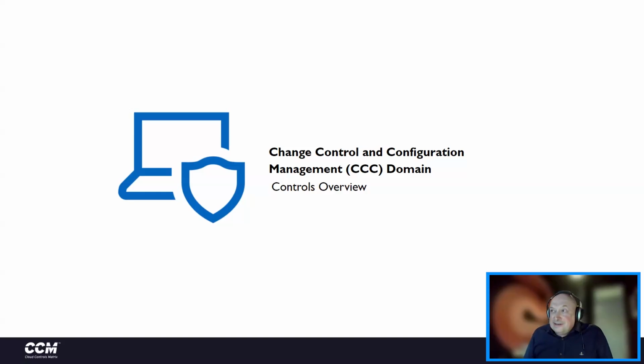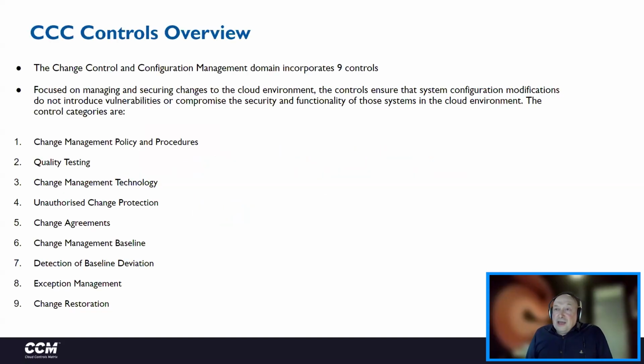Yeah, sure, love to. Absolutely love to. So there are 9 controls within the CCC controls. The 9 controls include very straightforward and easy to implement suggestions and controls. So we've got change management policy and procedures, making sure people know what it is they need to be doing, and make sure education is far and wide.